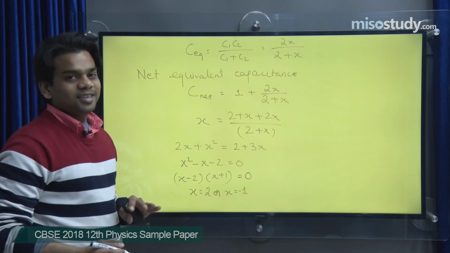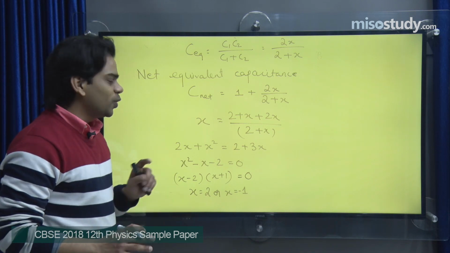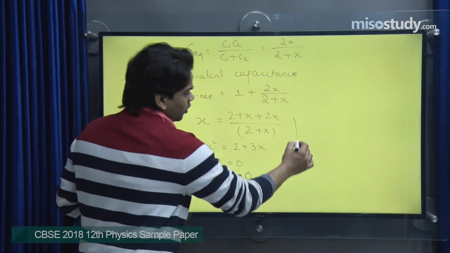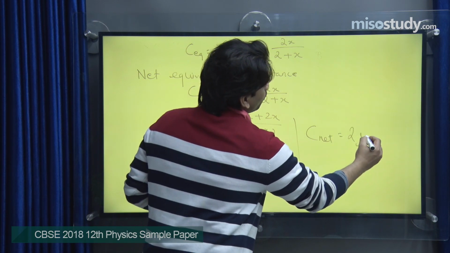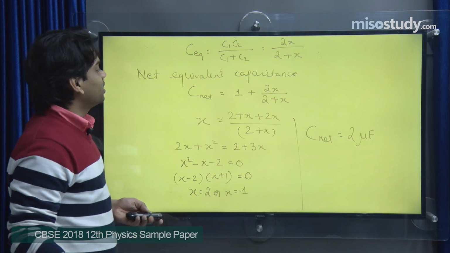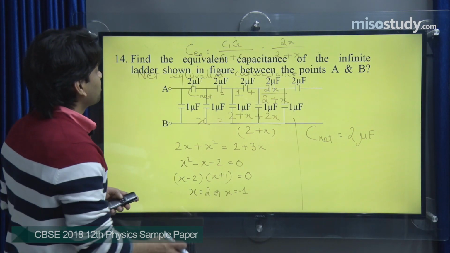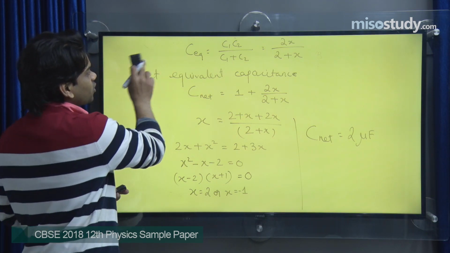We know that X equal to minus 1 is not a feasible answer, that is an invalid answer. So X equal to 2 is the feasible answer. So the equivalent capacitance will actually be 2 microfarad. That is the resultant of this infinite circuit that has been shown here, and hope you would have noted it down. That's okay.